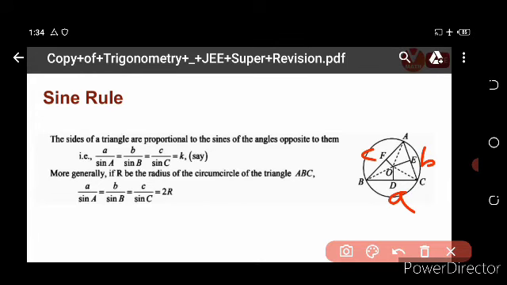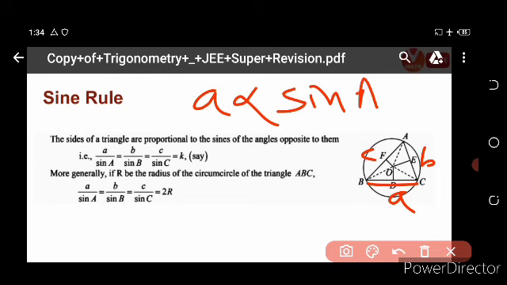So the side of a triangle, small a, is proportional to the sine of the angle opposite to it, sine A. So a is equal to some constant multiplied with sine A.